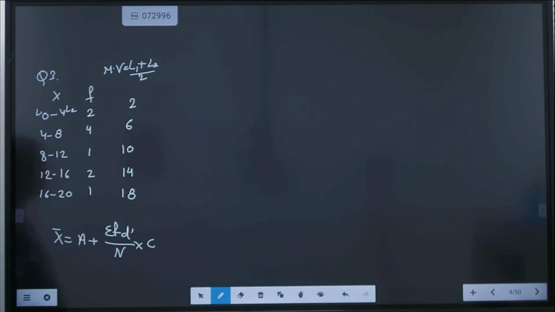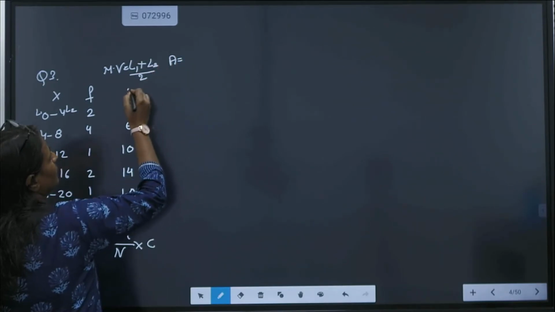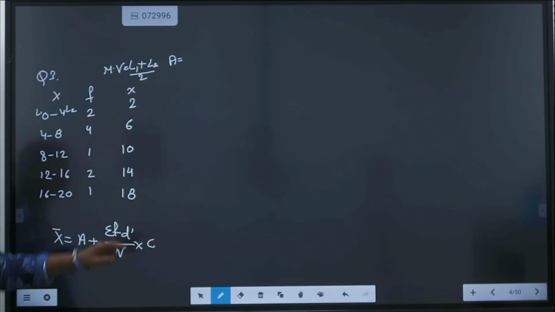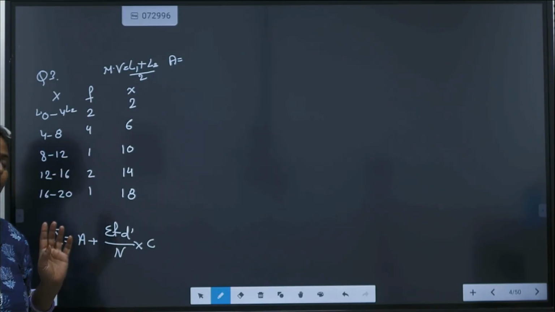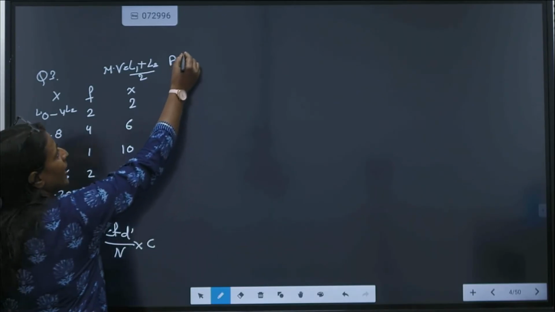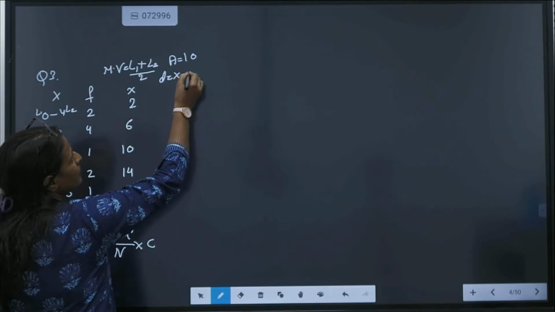Okay? Now we assume a number from the x values. Okay, we assume 10 here. So for d, x minus a.